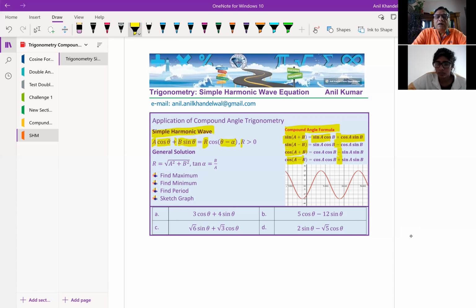We'll keep R as positive. I'll give you the reason in a second why this is positive. We'll also derive a formula for how we convert an equation of the form A cos theta plus B sine theta into R cos theta minus alpha, right? So on the right hand side, you have a cosine wave which is transformed, horizontally shifted, correct?